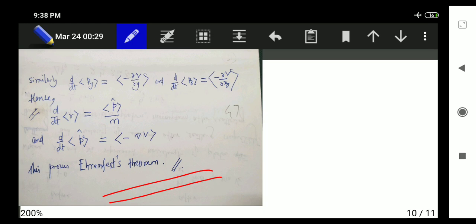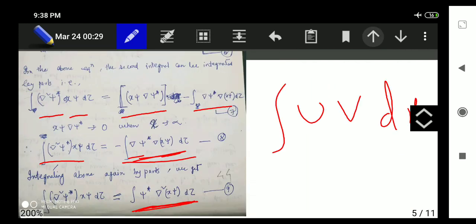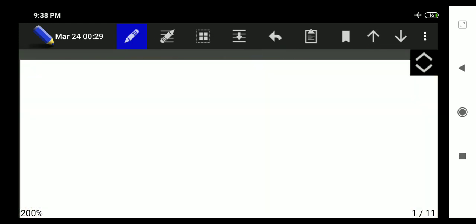So this was the Ehrenfest theorem. Let us go to the beginning. We discussed the expectation value, why we always put the operator between psi star and psi, why we don't put the operator on one of the sides. Now you understood that.